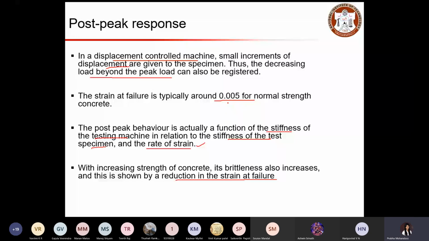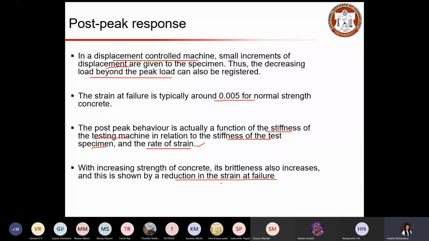Once the material reaches the peak, immediately you will observe the failure, and most often the strain will be very small after post-peak behavior for high strength concrete.